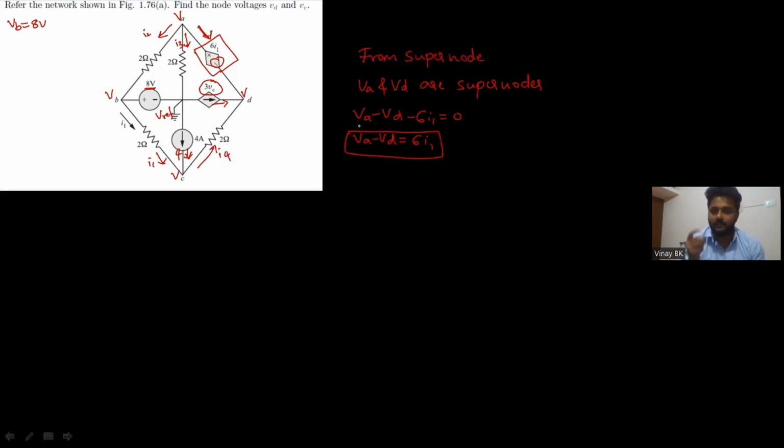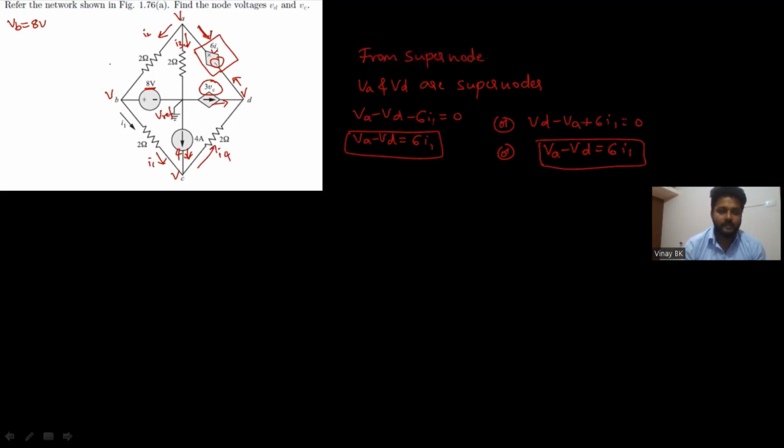You can also trace from VD to VA. If you assume current flowing from VD to VA, you can write VD minus VA, and here the second polarity is plus, so plus 6 into I1 equals 0. You get the same equation, VA minus VD equals 6 into I1.